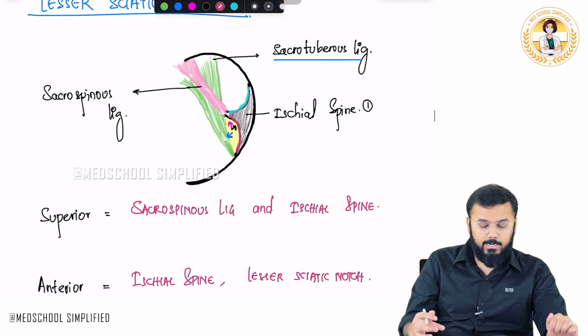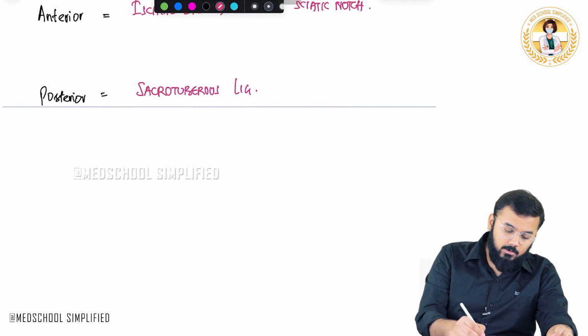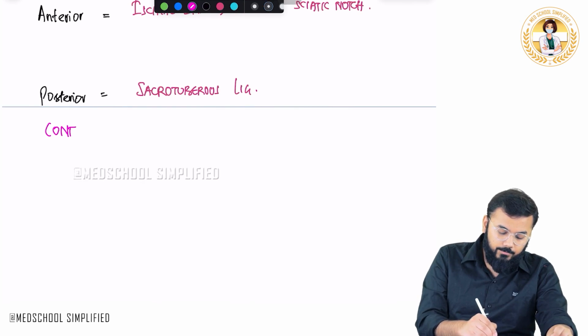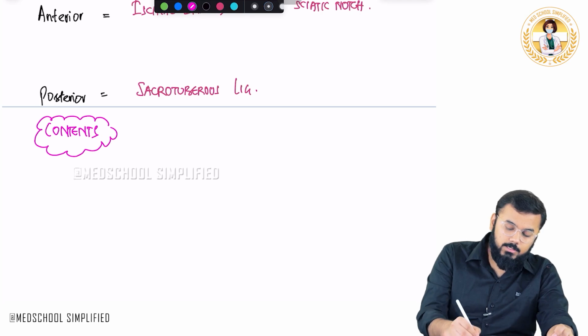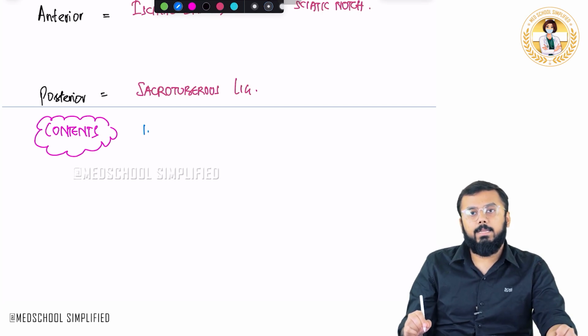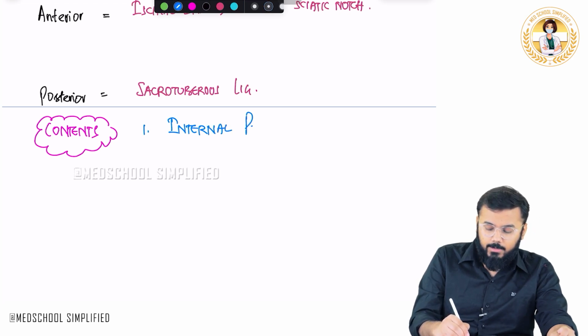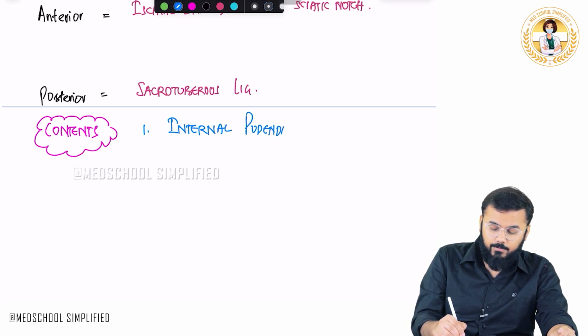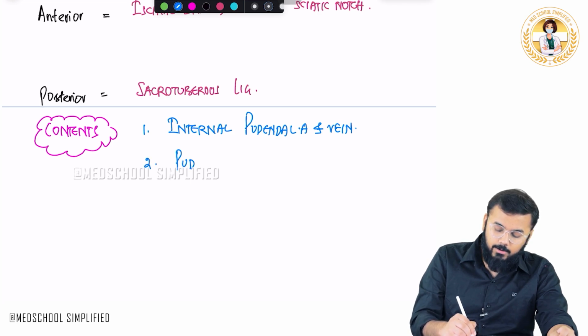Now let us see the contents within this lesser sciatic foramen. What are the different contents you would see over here? The first important content is the internal pudendal artery and vein. The second important thing is your pudendal nerve.